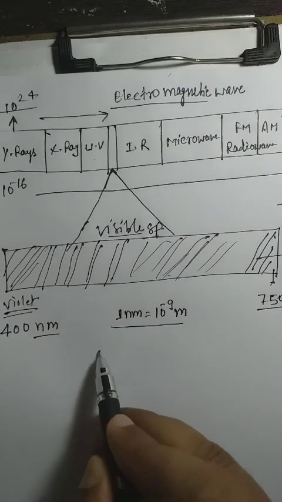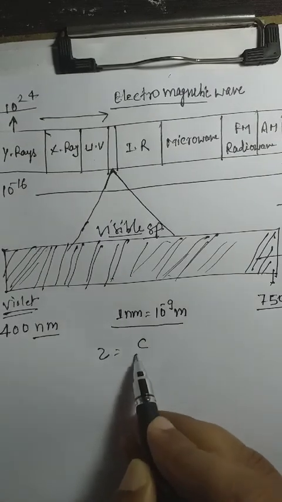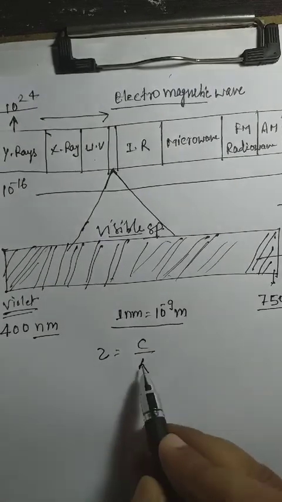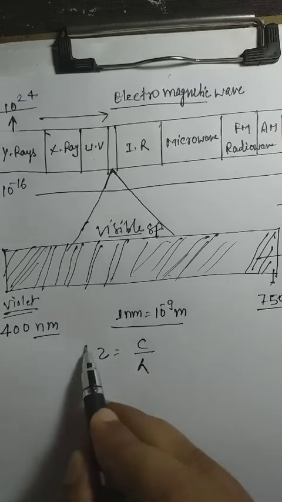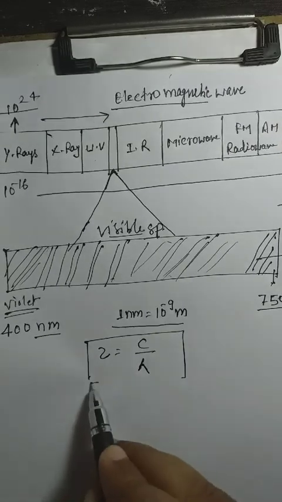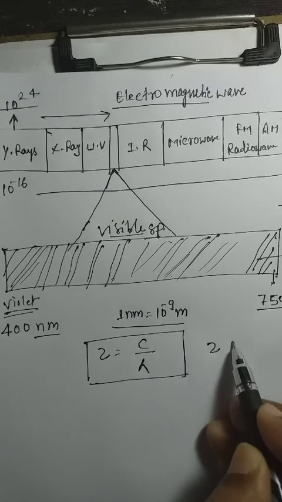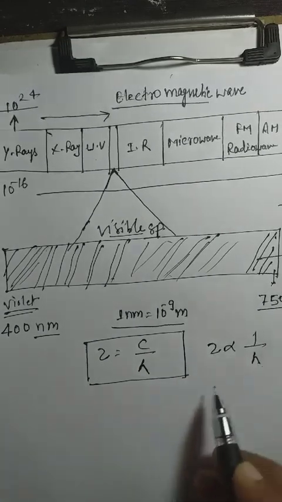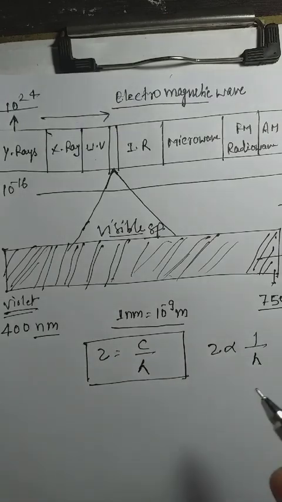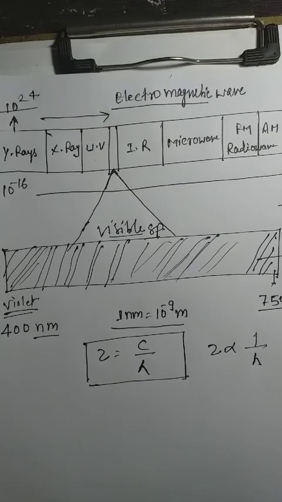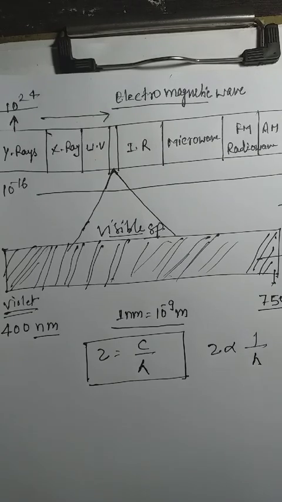And keep in mind, if someone is confused by this, correlate with this formula: C is equal to nu lambda, it means C is constant, which is the velocity of light. So nu is inversely related with lambda. If somewhere you find lambda increases, automatically there is a decrease in the value of its frequency. So this is just the opposite of this.